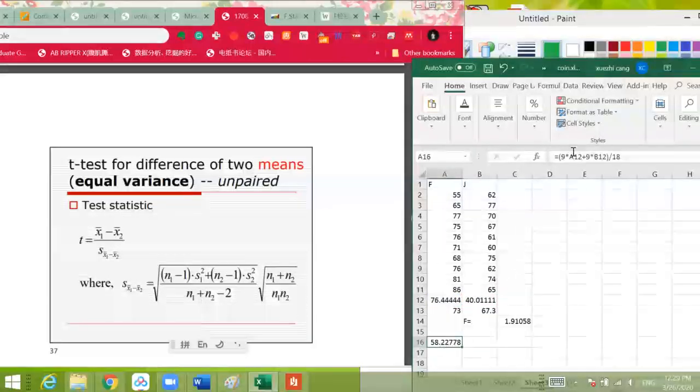The exponent of this part is 0.5, which means we take the square root of this part.